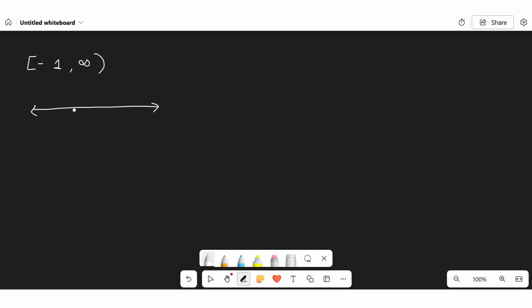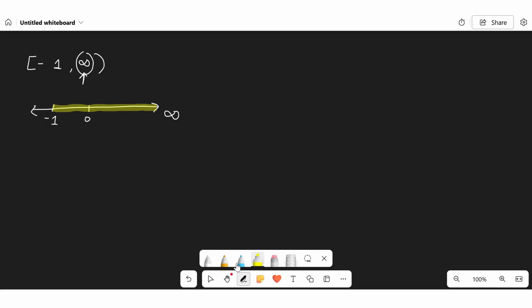Over here is 0 and -1 is over here. Now, pay close attention. As you see here, that is a negative, right? But it's a positive, sorry, this is an infinity and it's a positive infinity. So we're moving towards the right. So we're moving from here, -1, all the way to infinity.